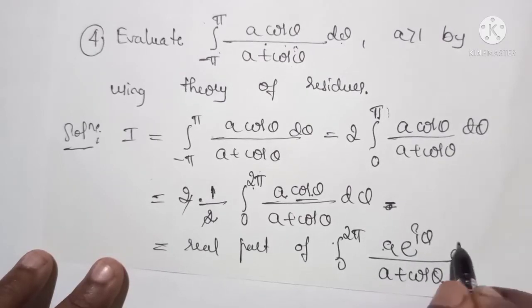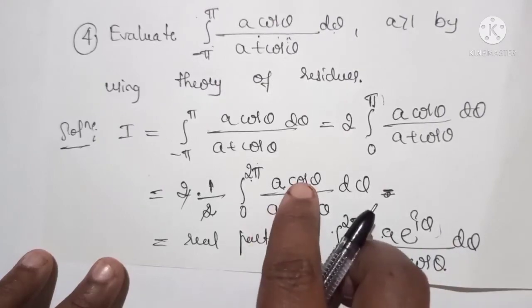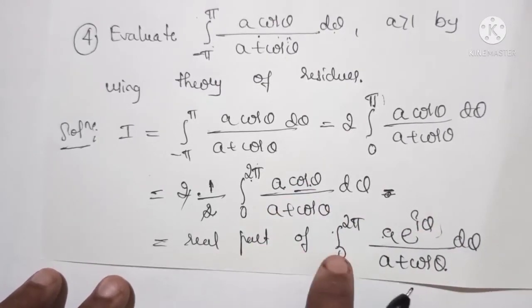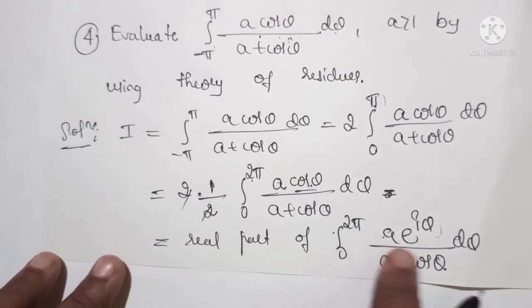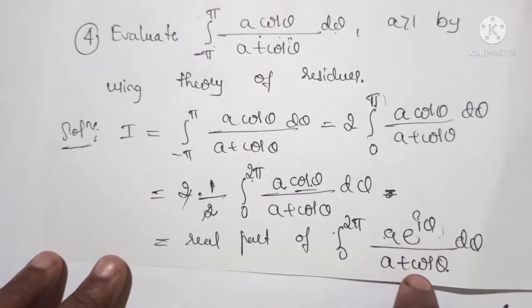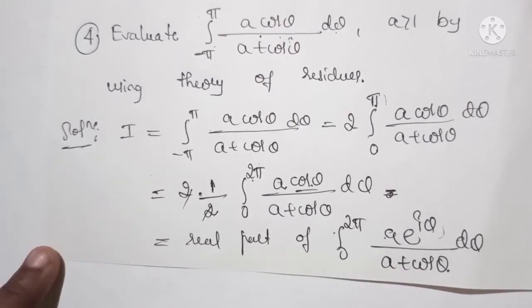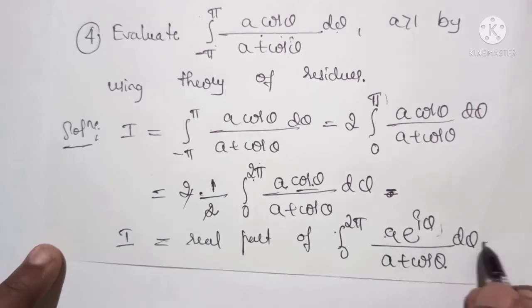Because cos theta is the real part of e raised to i theta, I have written the real part of the integral from 0 to 2 pi of a into e raised to i theta divided by a plus cos theta. Consider this as equation 1.